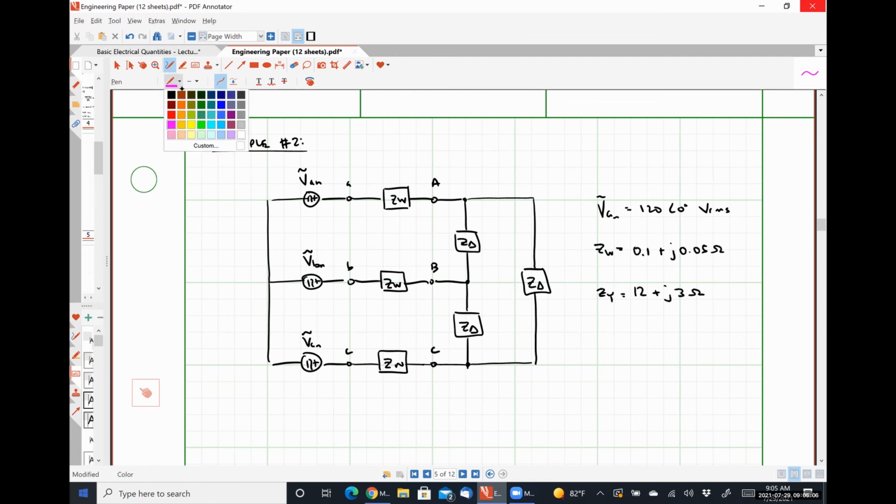Like we could identify our different quantities. So for instance, we would have a line current, IAA, a line current, IBB, and a line current, ICC.